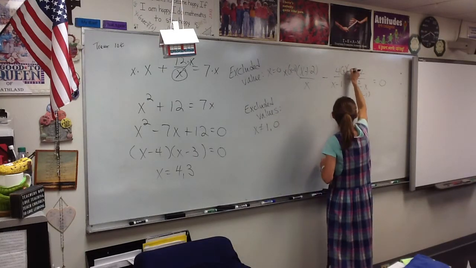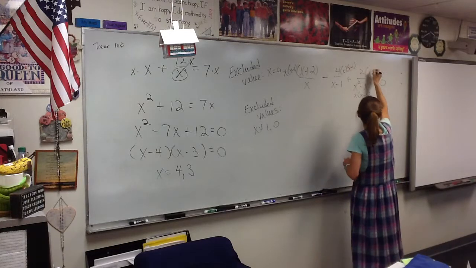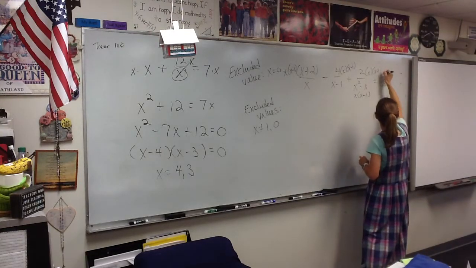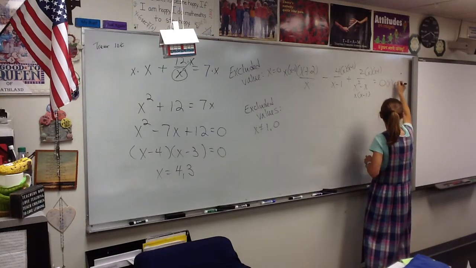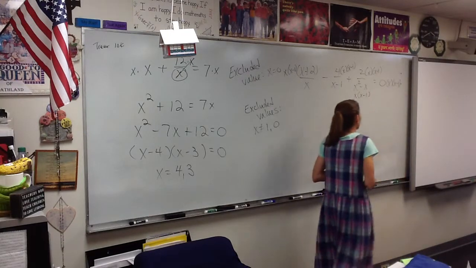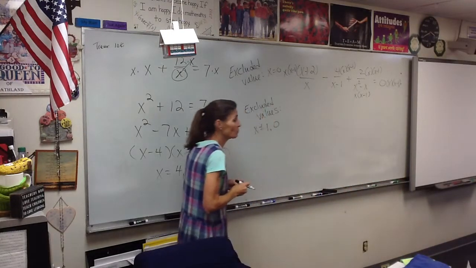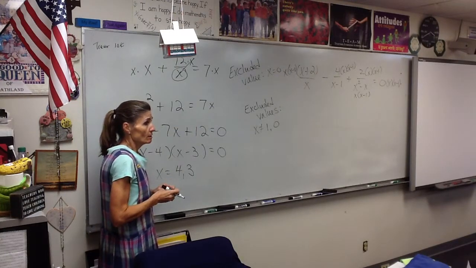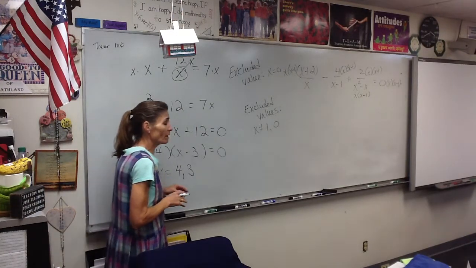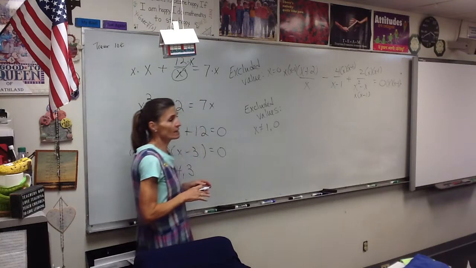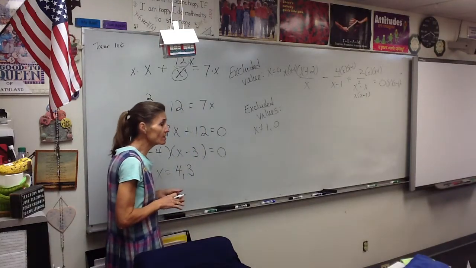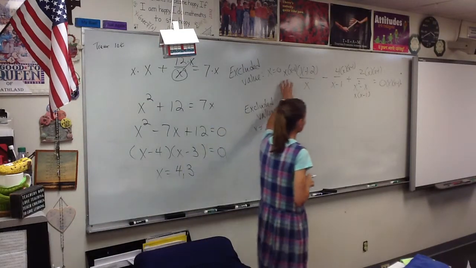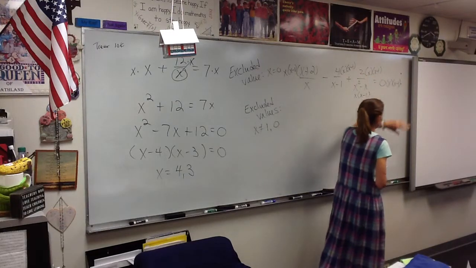So I am going to multiply everything, including the 0, on both sides of the equation by x and x minus 1. You aren't allowed to multiply some terms by one thing and other terms by another thing. Everything gets multiplied by the same thing.